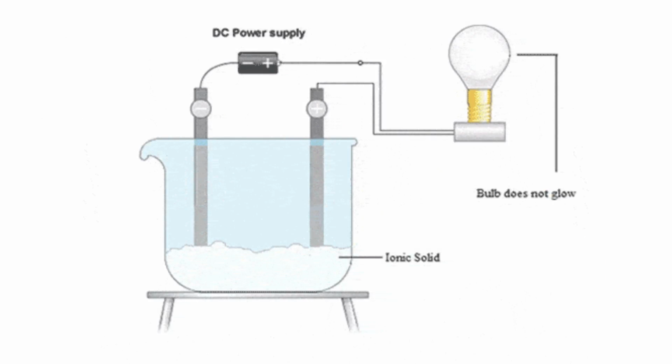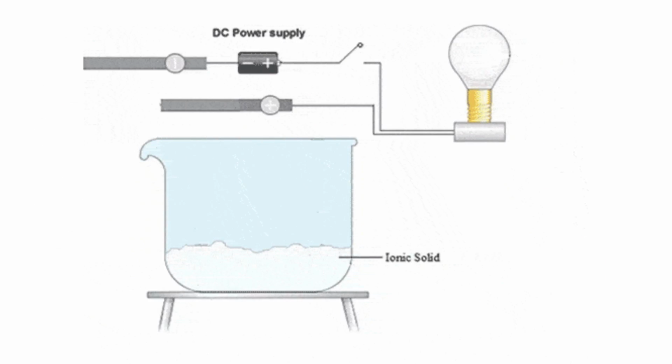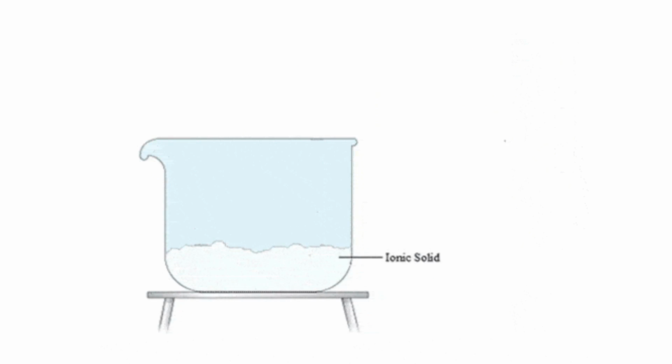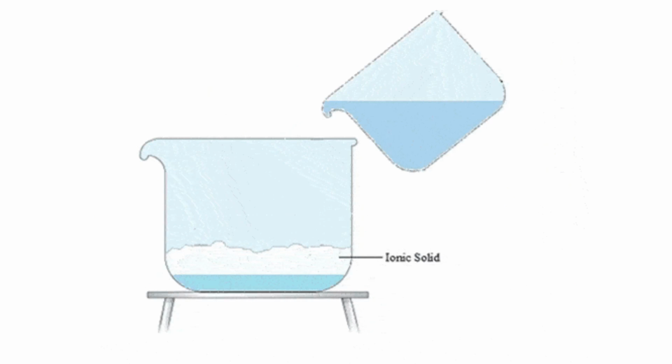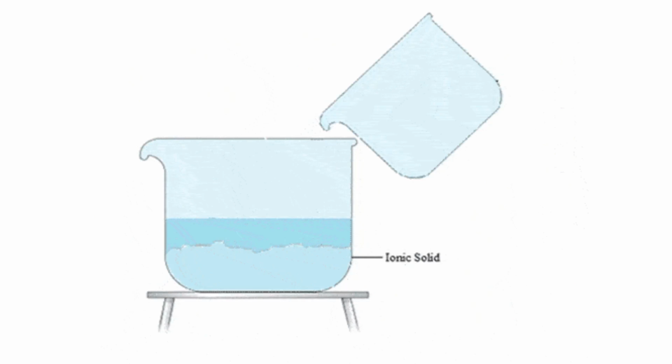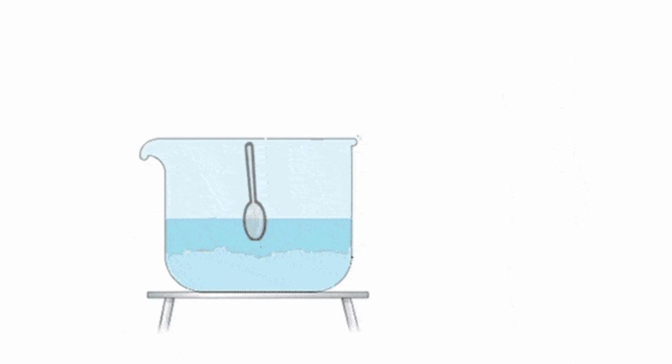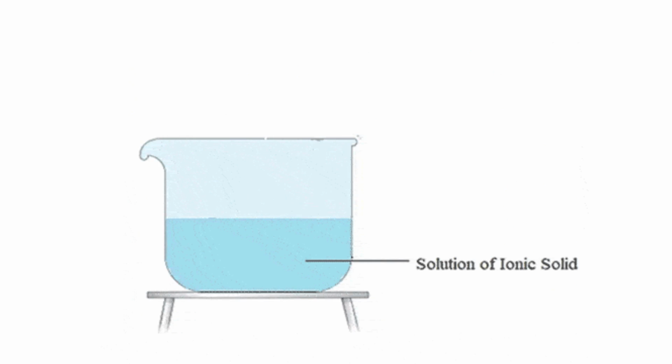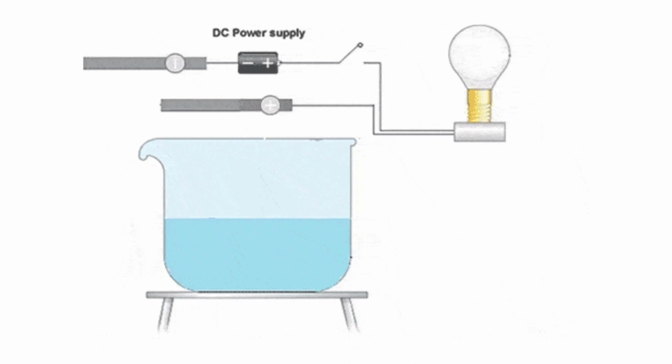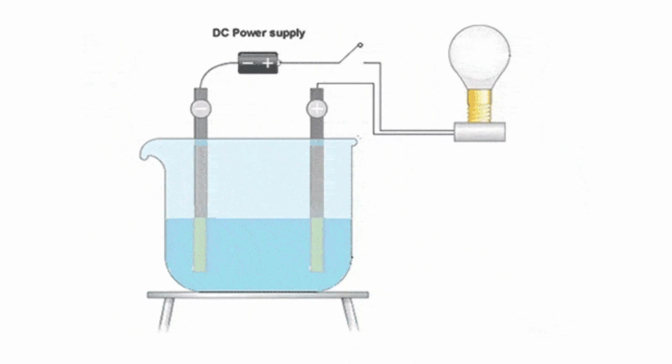This ionic solid is present in the solid state, and an experiment is being performed on it. When water is added, it is dissolved in water. Now it is completely dissolved. Now a power supply is provided. The bulb will glow in this case.